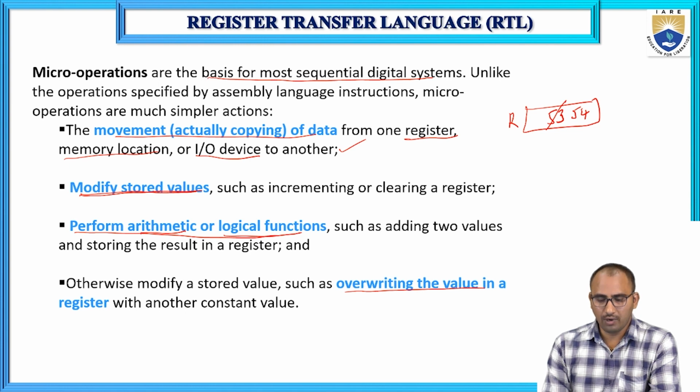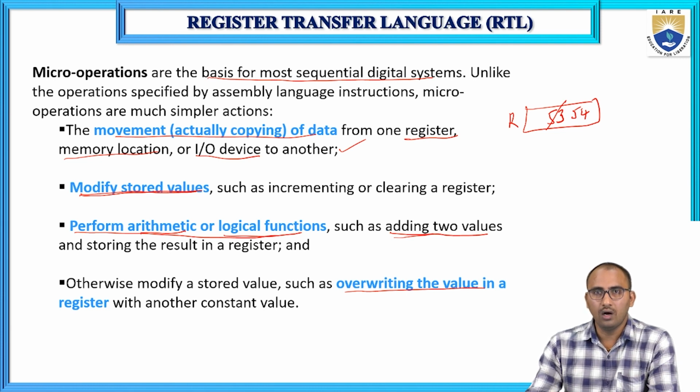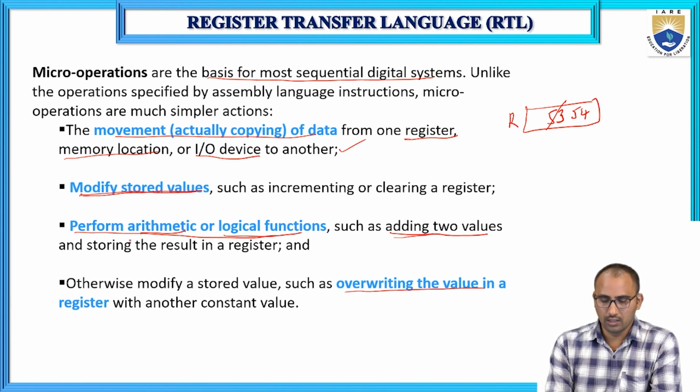We can perform all these operations on the data which is present in the registers, such as adding two values and storing the result in the register. Not only adding, but all the different arithmetic and logic operations we can perform on the data stored in registers. So that is the third one.